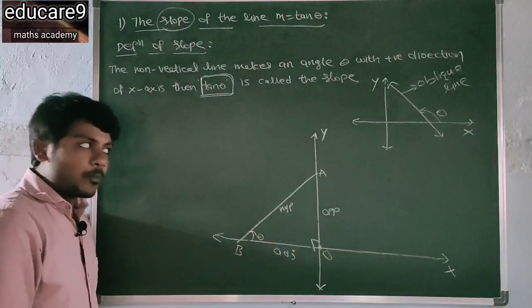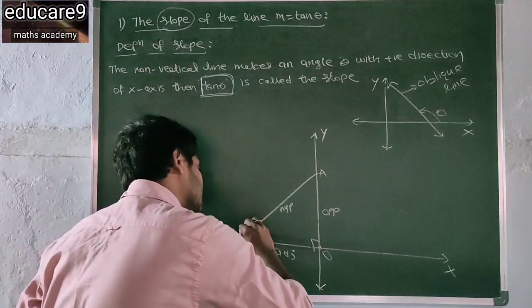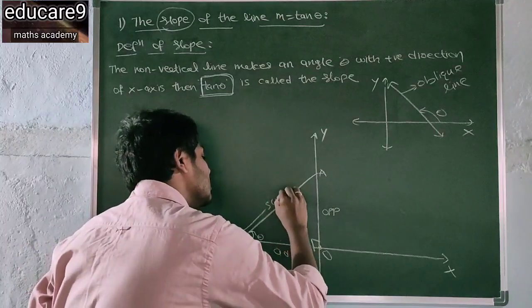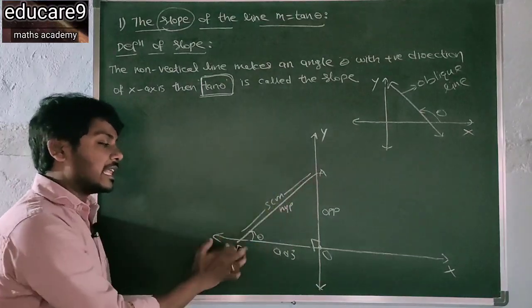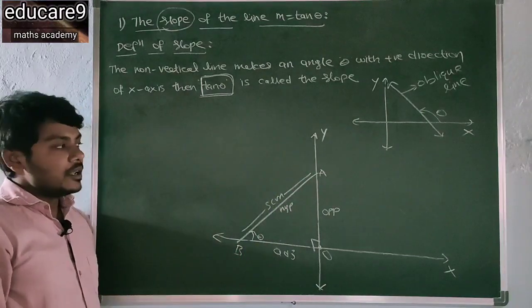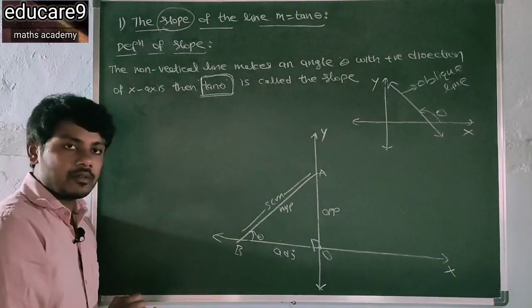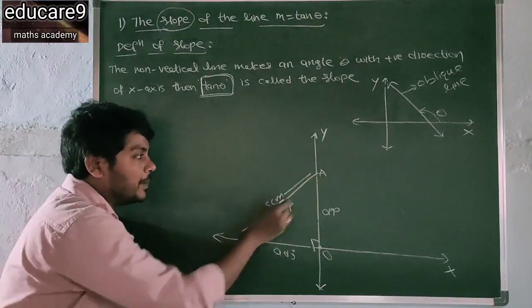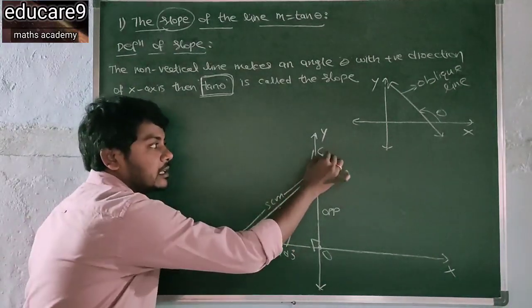Okay. Suppose here AB is a ladder whose length is 5 centimeters. So the length of the ladder is 5 centimeters. So clearly this length is fixed. Now here I am changing the position of the ladder from AB to CD.